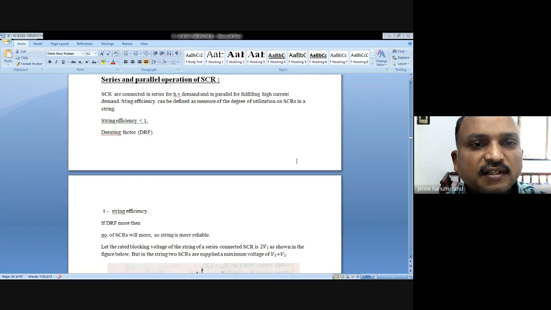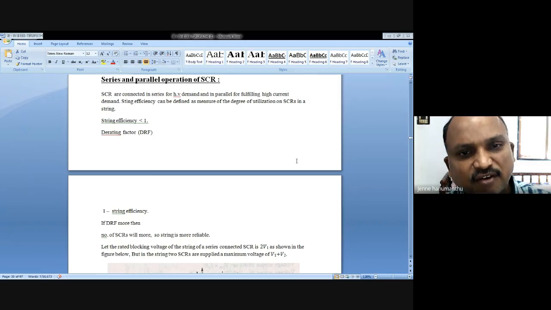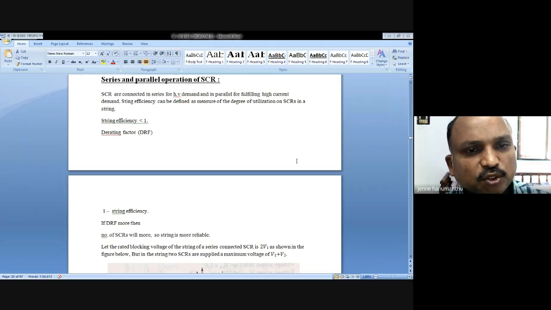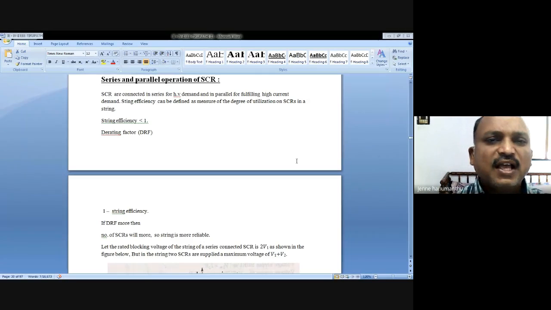Following my point, series means the second terminal is connected to the first terminal of the next one, and so on. That is the making of a series connection. And parallel means one is connected to one, two connected to two. That is the mechanism of series and parallel connection.